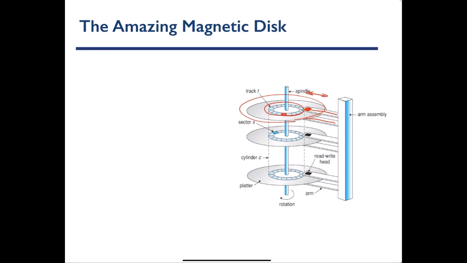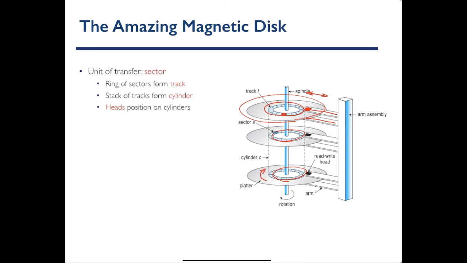And then all the tracks for the same diameter on all the platters is called a cylinder. Now the disks are rotating. Okay, so the unit of transfer is the sector, as I mentioned.